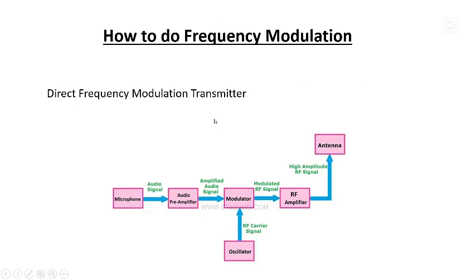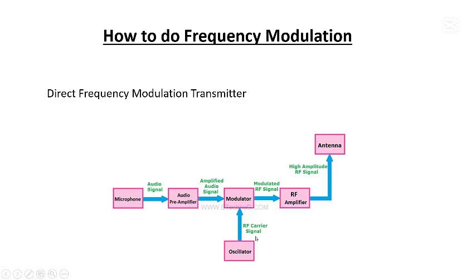The amplitude changes the frequency of this local oscillator wave. Here the wave comes, and according to the amplitude of this audio signal, the frequency varies. Which frequency? The frequency of this locally produced oscillator.